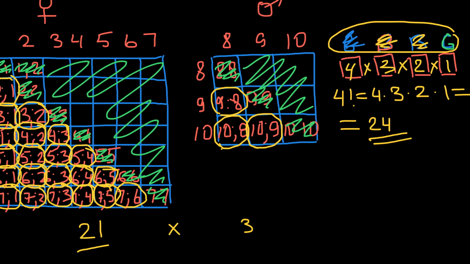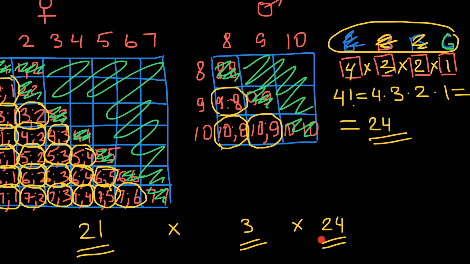So 21 unique combinations of girls multiplied by 3 unique combinations of boys and multiplied by 24 permutations, how we can arrange these unique combinations of boys and girls.